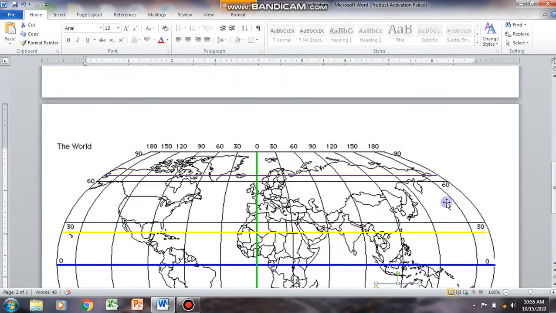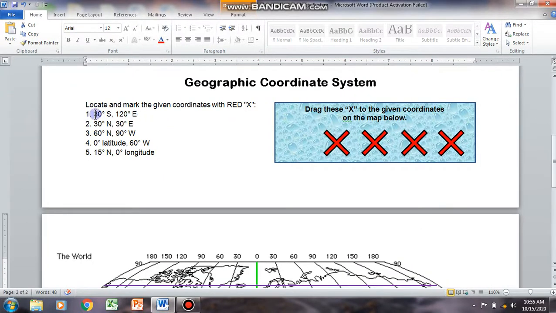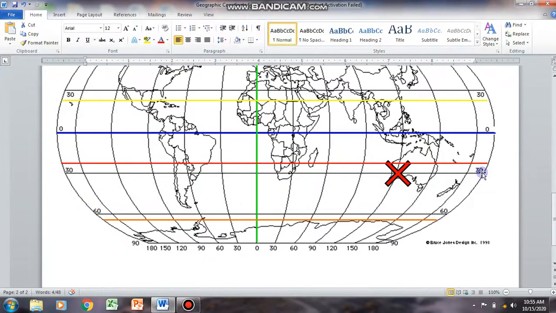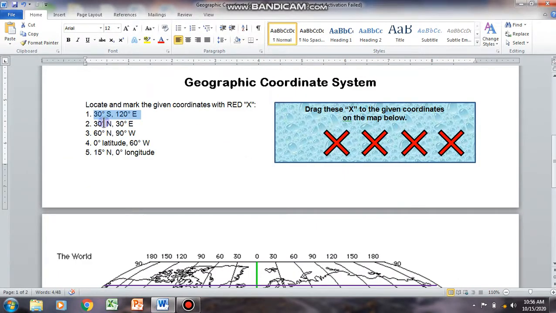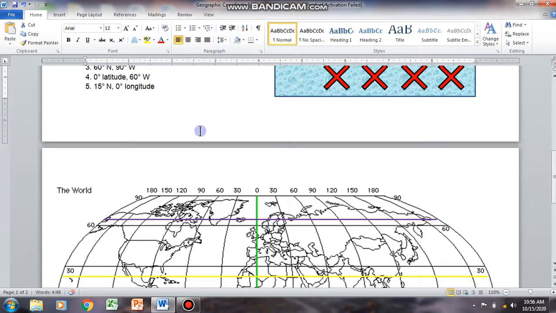So, this is the place where this coordinate is assigned. 30 degrees south and 120 degrees east. And this country is Australia. Nasundan ba? Okay, next. 30 degrees north and 30 degrees east.